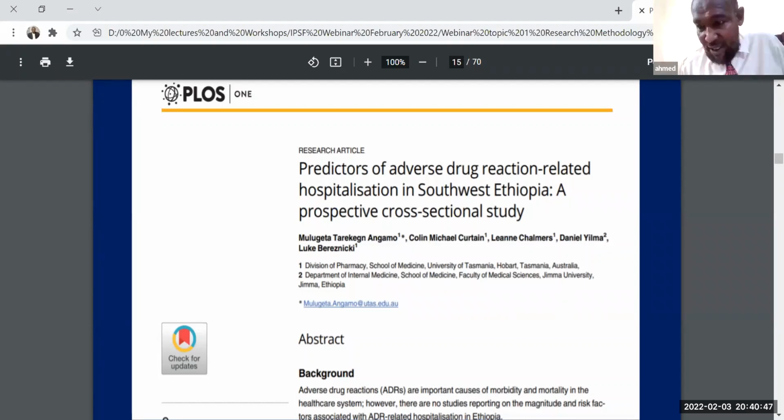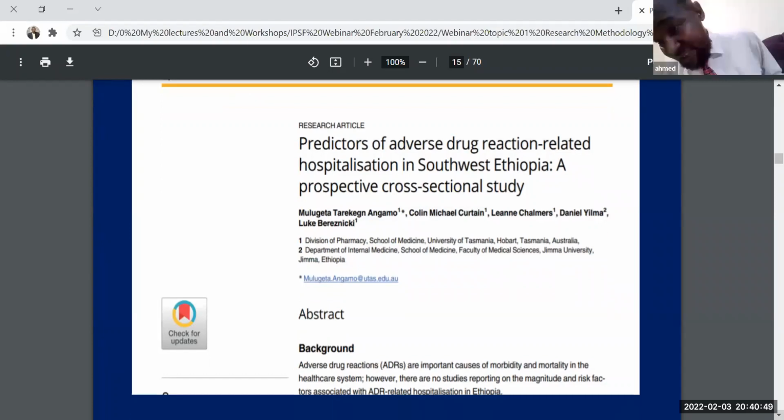Also, as I said, most of the examples we saw before were retrospective. One of the limitations of retrospective studies is a lot of missing data, and also we are not very sure about the accuracy of measurement, because the data is not collected for the purpose of the study. Maybe the data is recorded for clinical reasons, like patient records and so on.